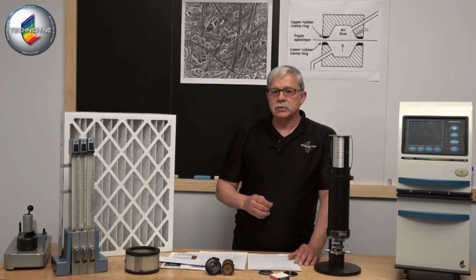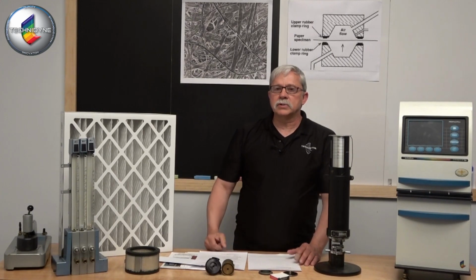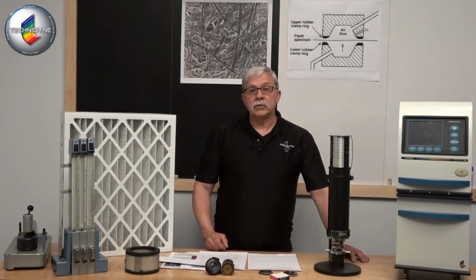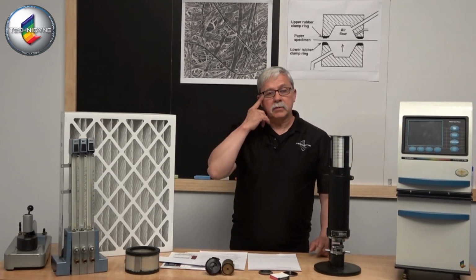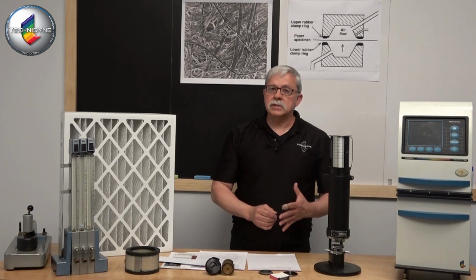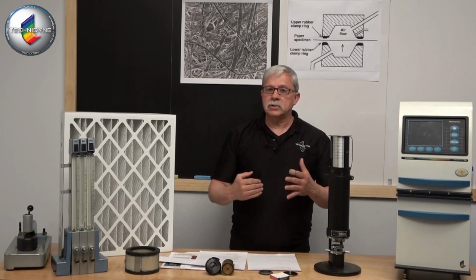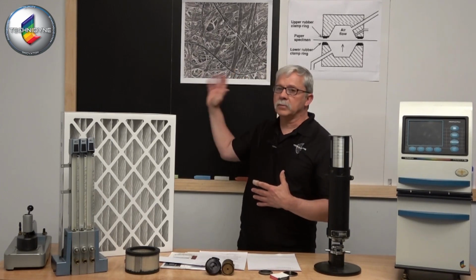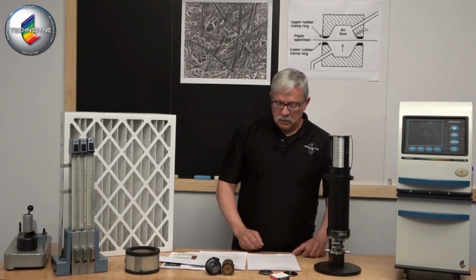I would say that as you start to look at the particular tools that you have on hand, you may or may not have the perfect tool for your particular property or your particular grade mix, but certainly you can continue to use that and still gauge in a relative sense how that product is developing, how that web is developing.